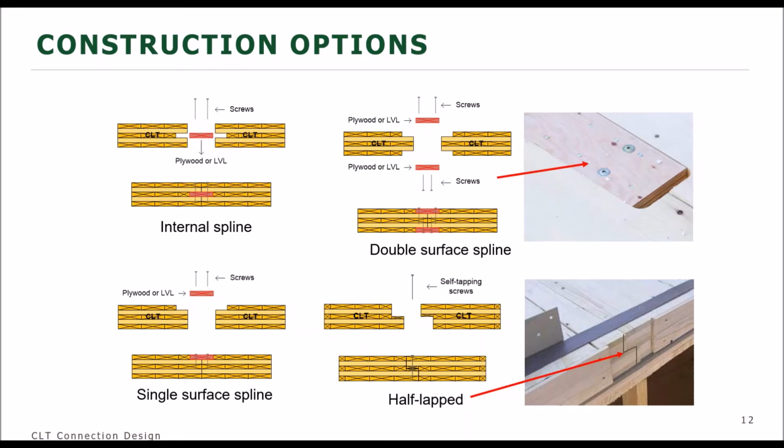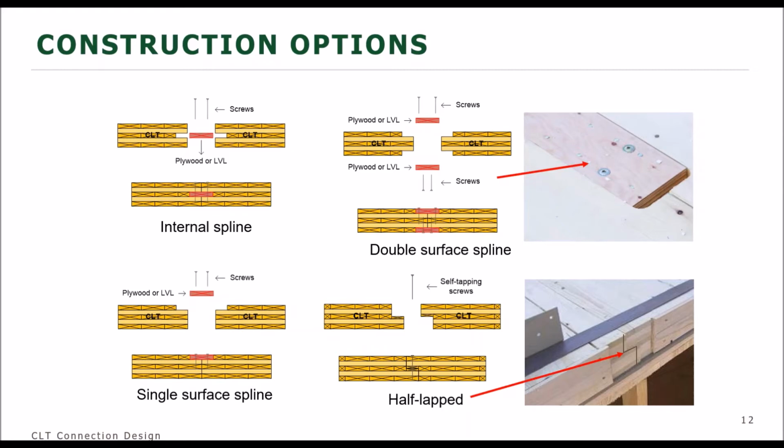Where we have panel butt joints, you also have some different options, and different manufacturers have different preferences. As a designer, you'll hear me probably say this several times today, you'll want to discuss with your CLT manufacturer which types of panel joints are most appropriate and how you would need to model those.